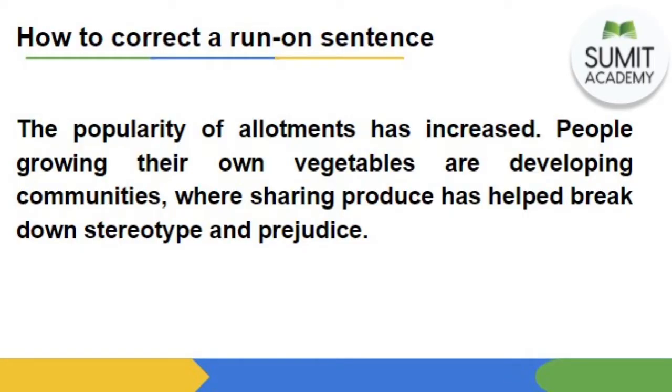Probably what the candidate wanted to say was, in English grammar, we do not begin a sentence with the conjunctions and, but, or because. We also do not put a comma or a full stop before or after and, but, because.